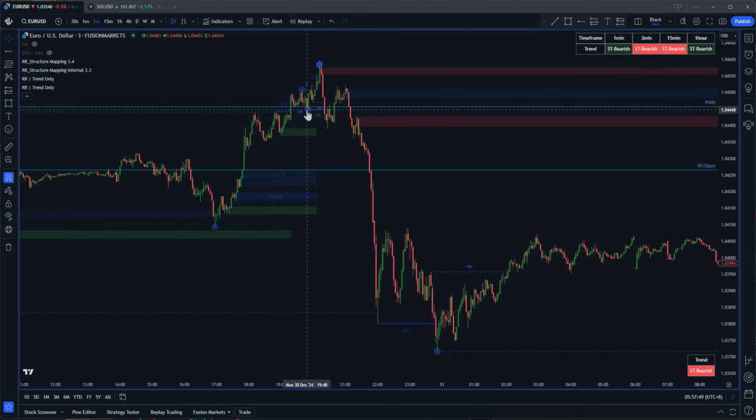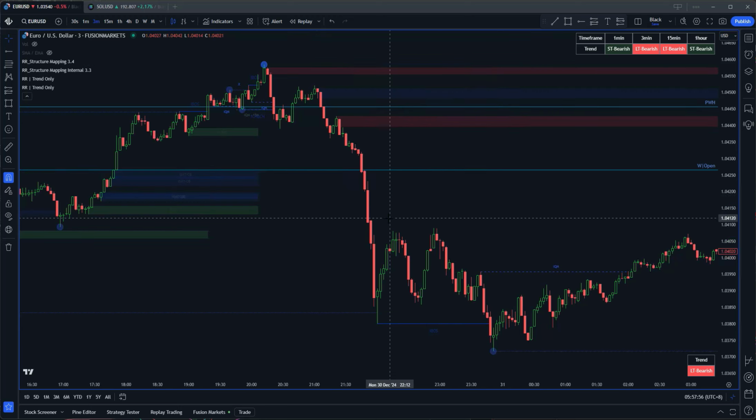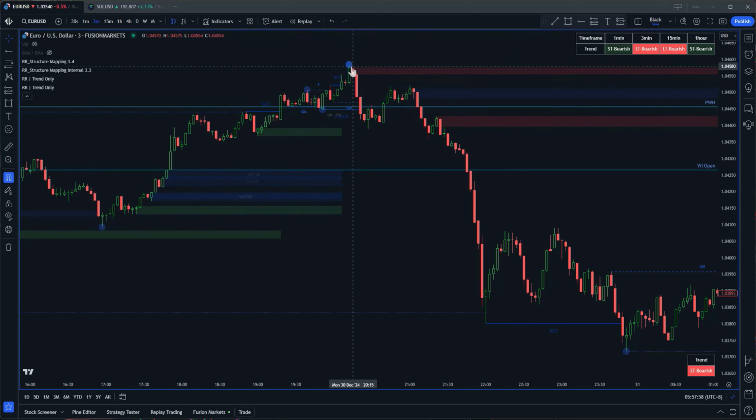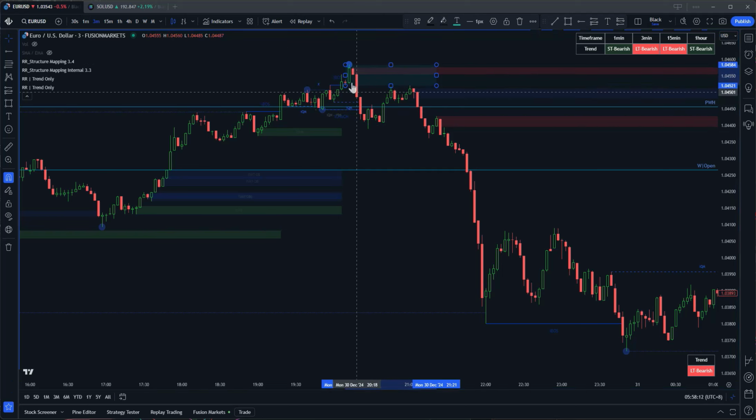If this strong low is taken out, then we have a new range on the lower time frame from here to here, and we will be selling into here, something like this. And on the lower time frame, maybe on the 1-minute time frame, we will have another range, because this 3-minute strong low is taken out.